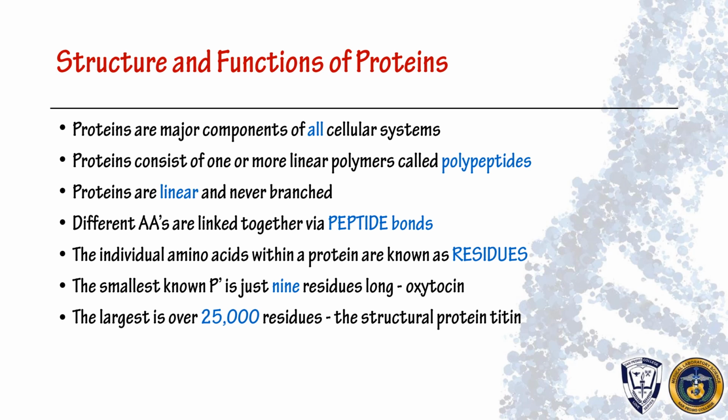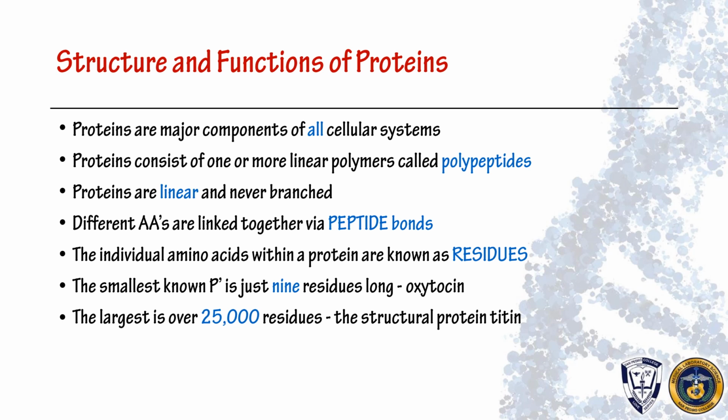It consists of one or more linear polymers called the polypeptides. Your proteins are linear and never branched, and the different amino acids are linked together via the peptide bonds, and then the individual amino acids within the protein are known as the residues.